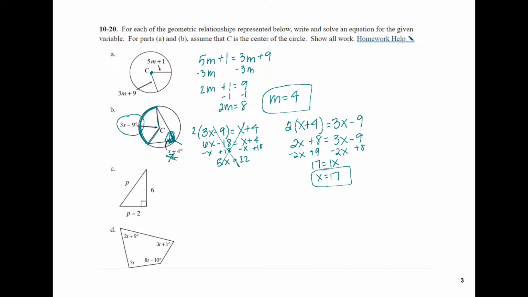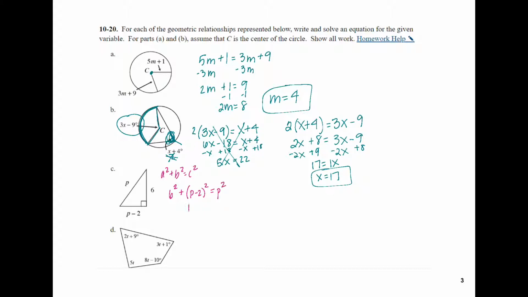Letter C. We're working with a right triangle. We know all of our side lengths, so we can use the Pythagorean theorem. So if we take 6 squared and we add that to p minus 2 squared, it should equal p squared.